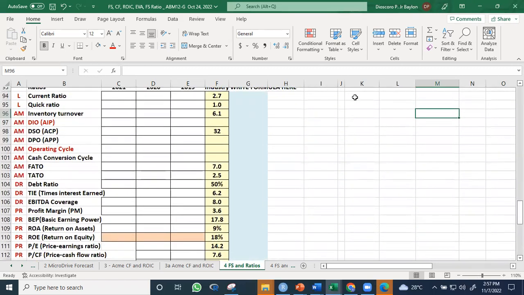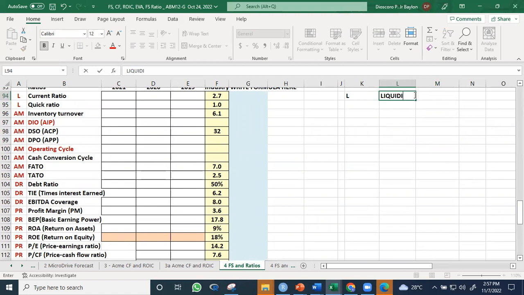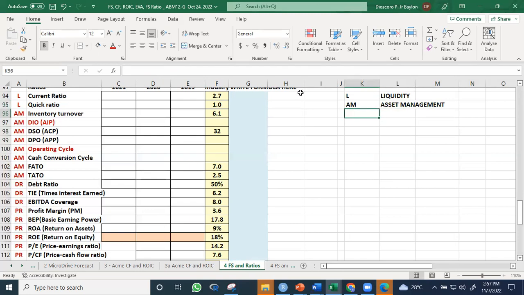So we have here L, which has two measures of liquidity. And then we have AM. AM stands for asset management ratios. You have several asset management ratios here.